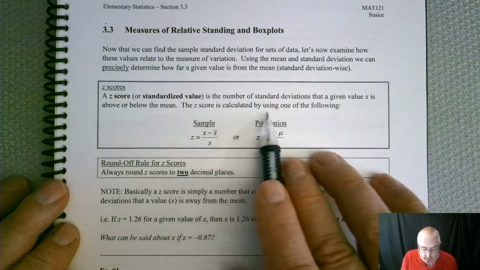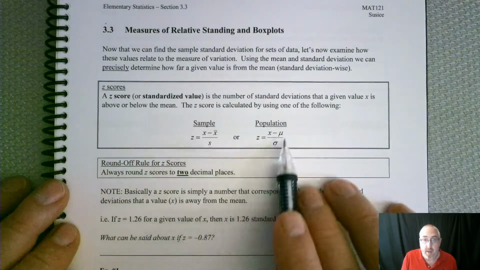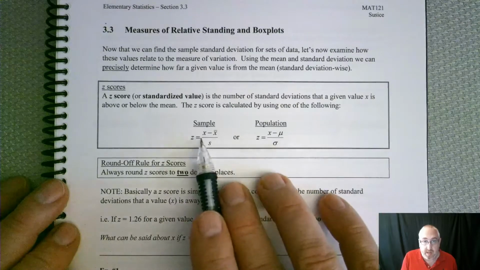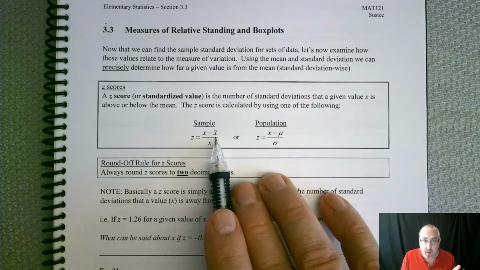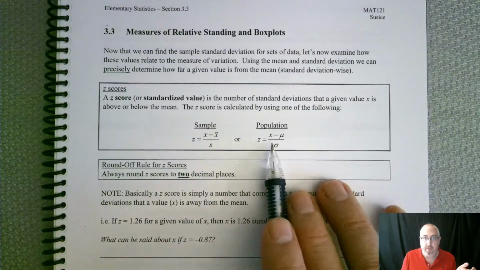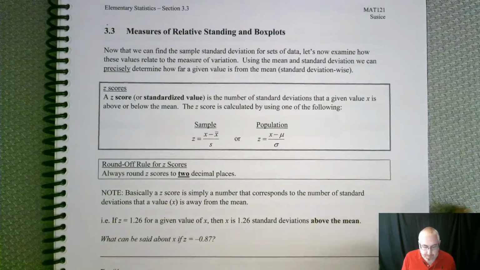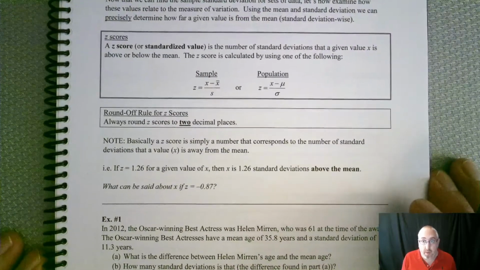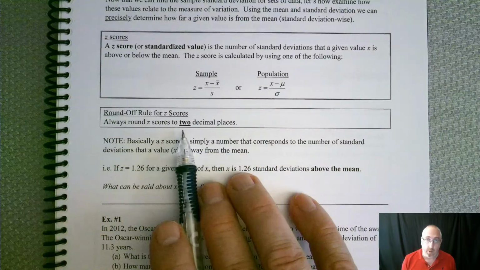The z-score is calculated using one of the following: we have our sample formula, and we have our population one. In this case, x is the actual value we're analyzing. We want to make some determination about it. X bar is our mean, s is our standard deviation, and then we have the comparable formula for the population. It's a very quick formula. The most important thing about it, for our purposes, is that we are always going to round it to 2 decimal places. So not 1, not 3. Specifically, it's got to be 2.